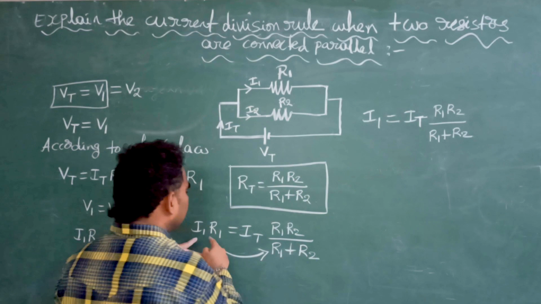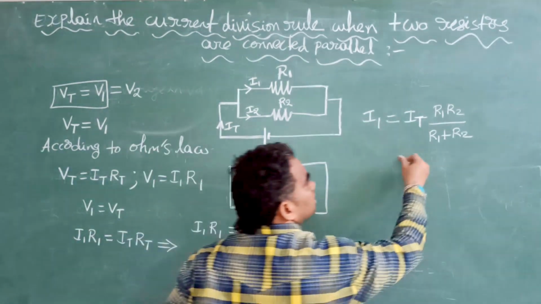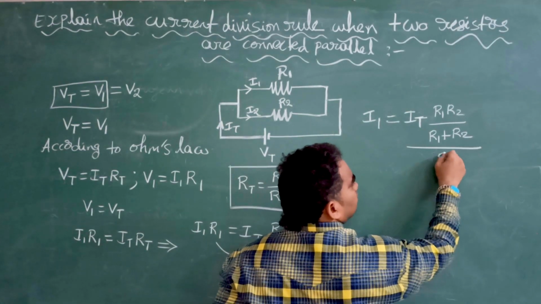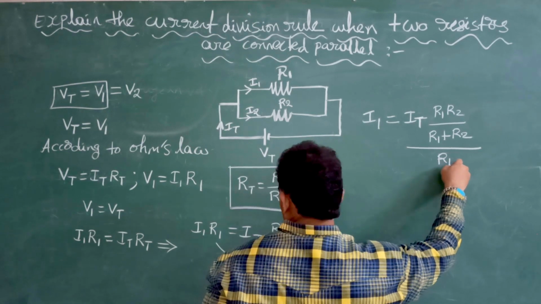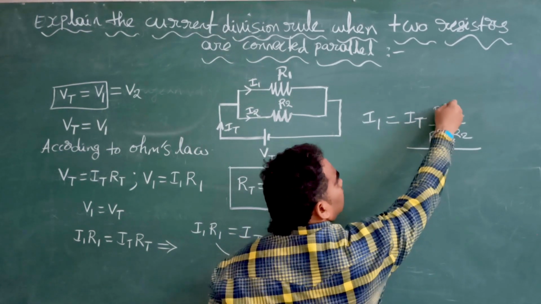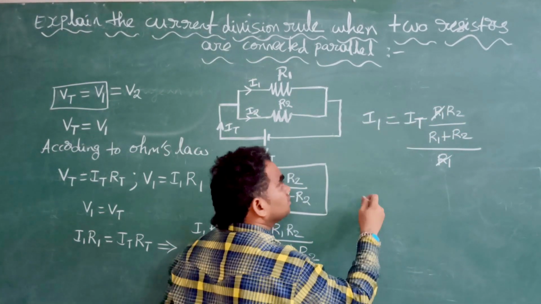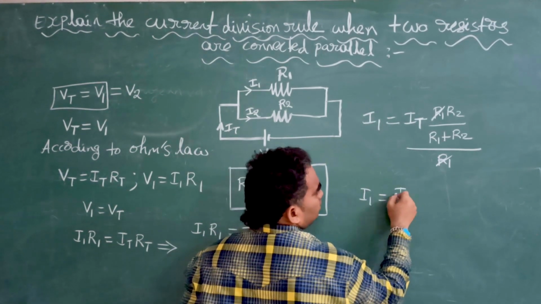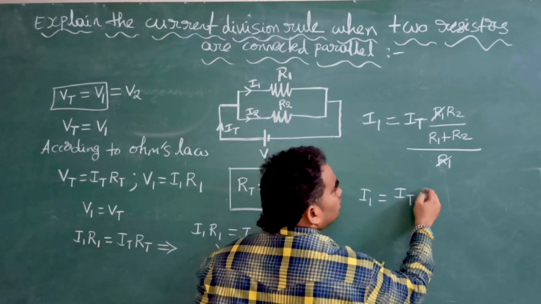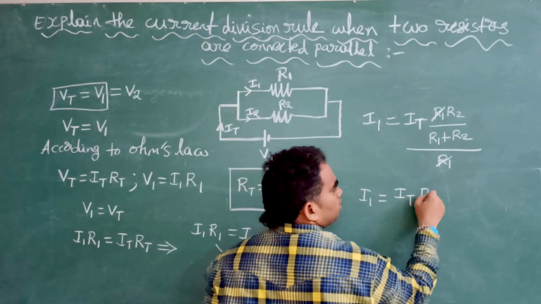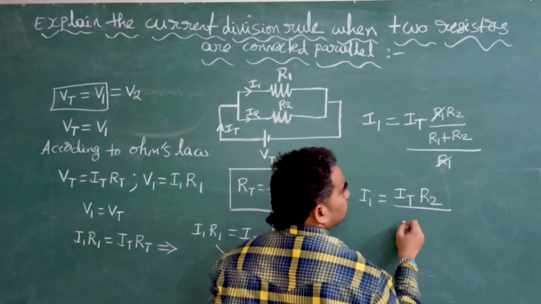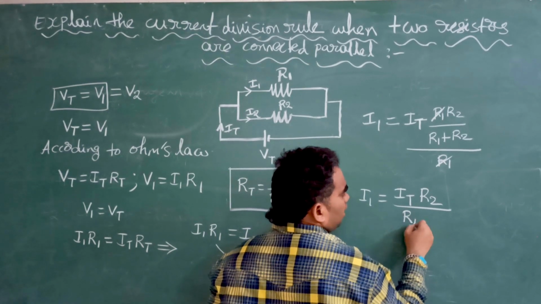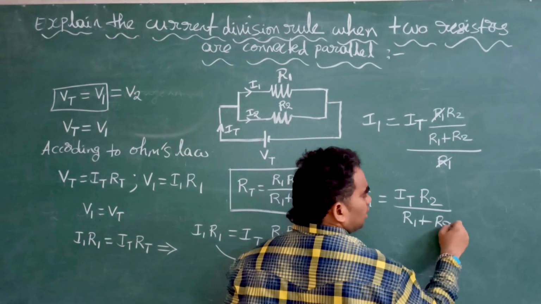This is multiplication; when it comes to this side, it will be division. R1 will be cancelled. It becomes I1 is equal to IT R2 by R1 plus R2.